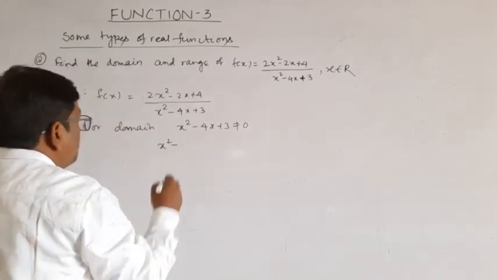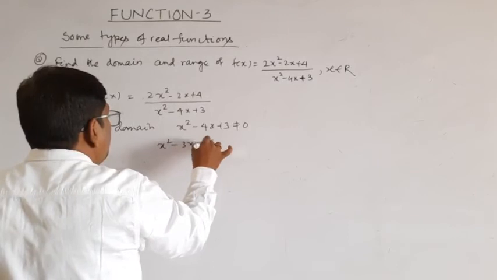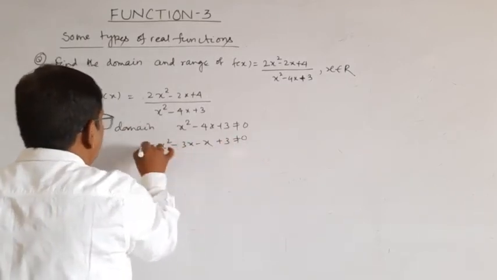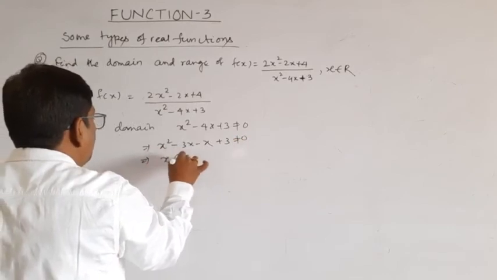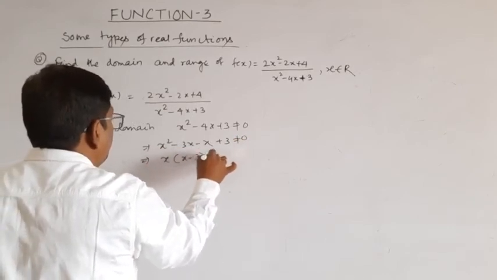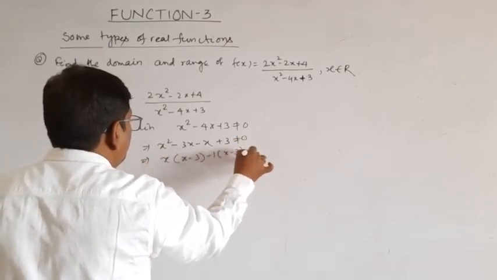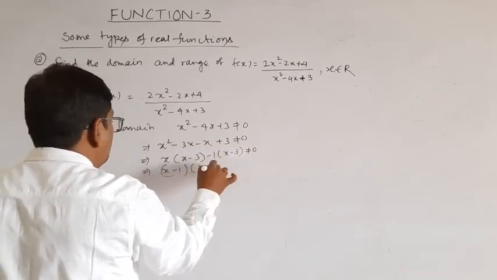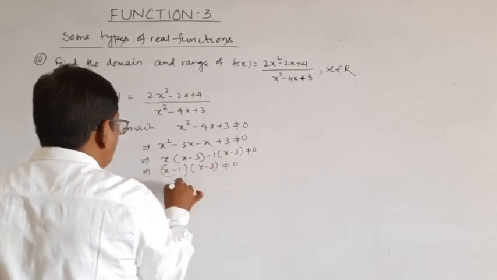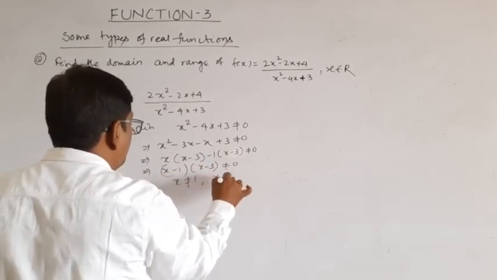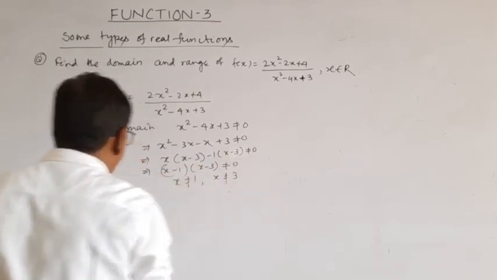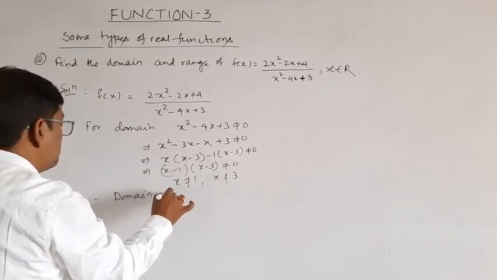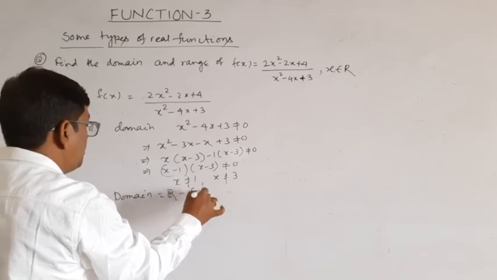This is x square minus 3x minus x plus 3 not equal to 0. That implies x into x minus 3 minus 1 into x minus 3 not equal to 0. That implies x minus 1 into x minus 3 not equal to 0. So x is not equal to 1, x is not equal to 3. Therefore, domain is equal to the set of real numbers minus {1, 3}.